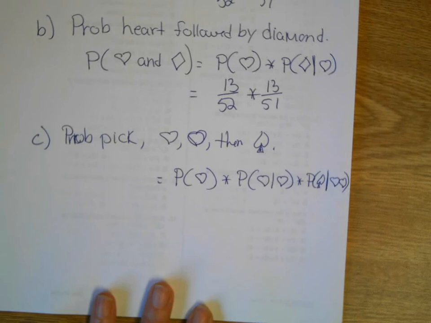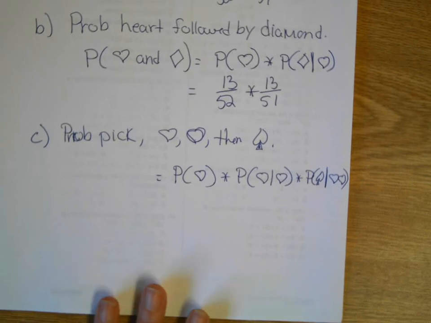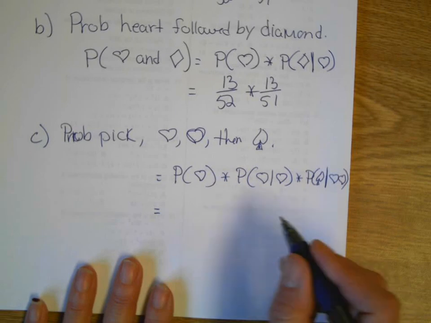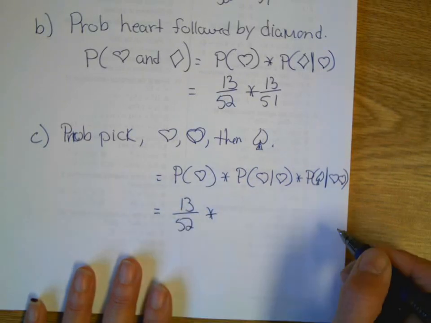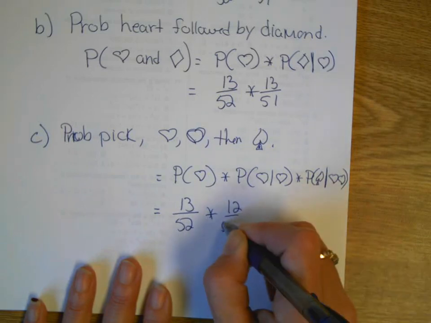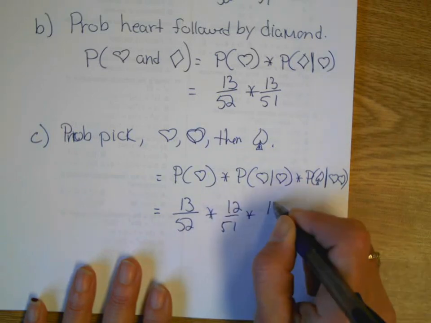You multiply those 3 probabilities together. You don't have to do the final answers on the notes here. You can just save that for homework time. So what's my first probability? Heart is... What's the second one? 12 out of 51. And the third one? 13 out of 50. Very good.